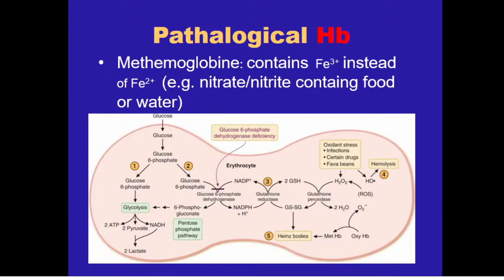This can be caused, for example, by uptake of food or water with nitrate or nitrite. In this case, hemoglobin, when it is in connection with oxygen, can lose the electron together with the molecule of oxygen, and this is an active form of oxygen radical that can cause oxidative stress.